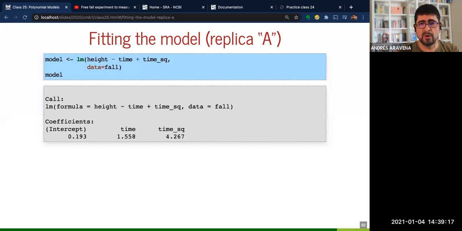And the linear model is telling you what the initial position is, maybe that is easy. It's telling you what the initial speed is, and it's telling you what the gravitational acceleration is. And that is the interesting thing, that you can measure the gravitational acceleration with an experiment that can be done at home. Now, the margin of error is kind of big.